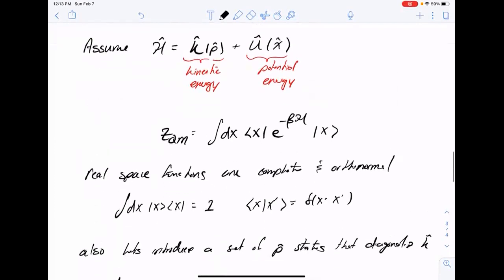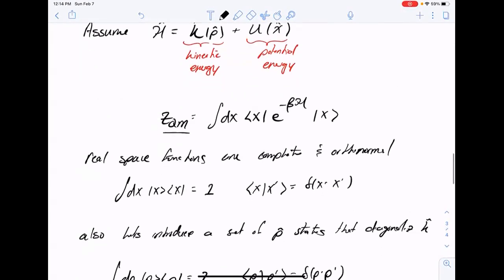Now, if what I want to do is to compute this partition function, I have a bit of a problem, indeed, because to do that would be to know the whole action of the Hamiltonian on the set of real space states, which I don't.